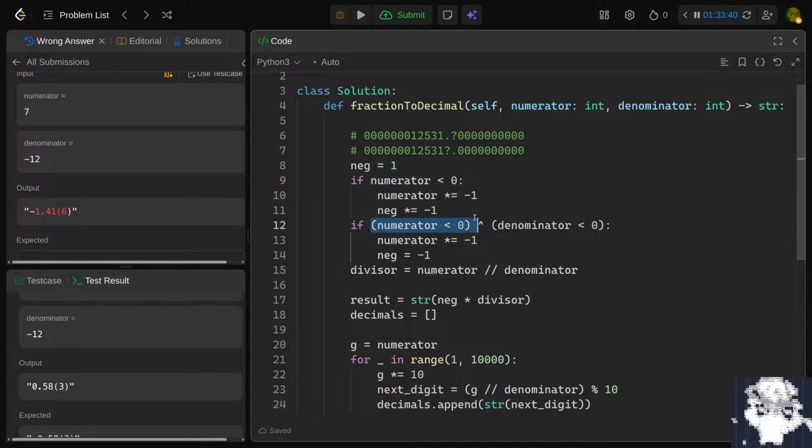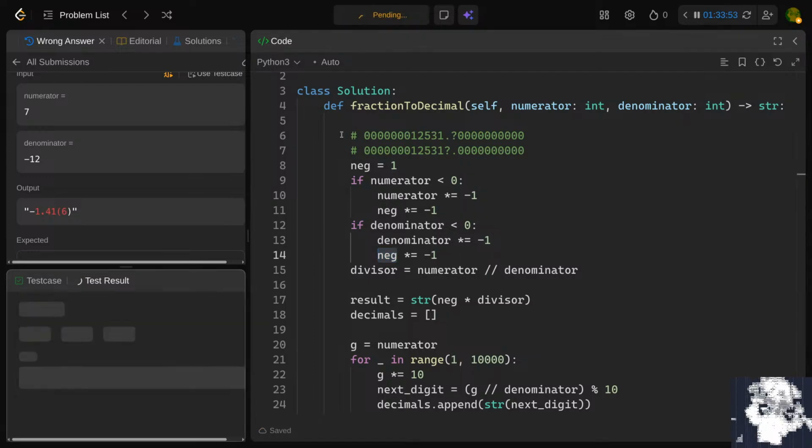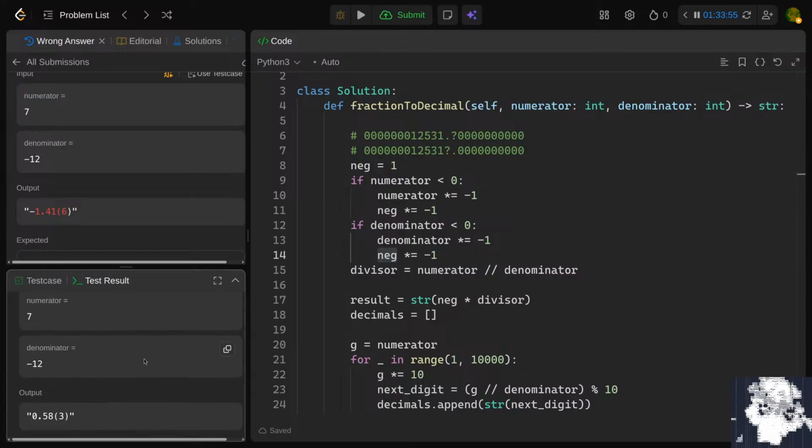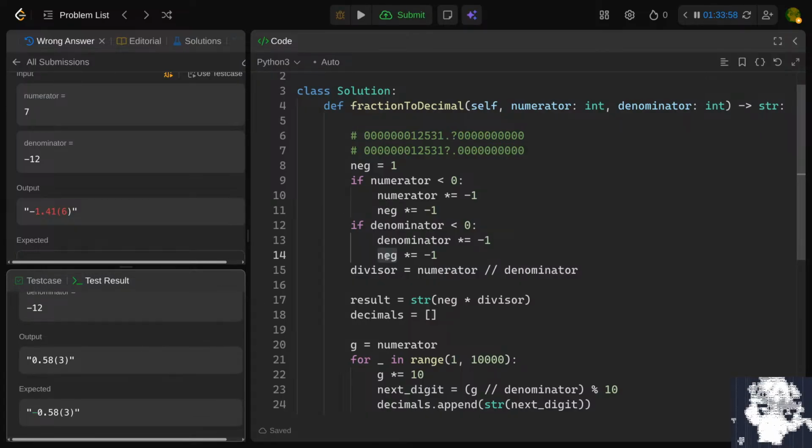If the denominator is less than 0, you do the same thing, but for the denominator. And you don't have to multiply it back. I just want them both to be positive. And then to have to remember to multiply back by the negative number if only one of them was negative. If they were both negative, then the negatives cancel out.